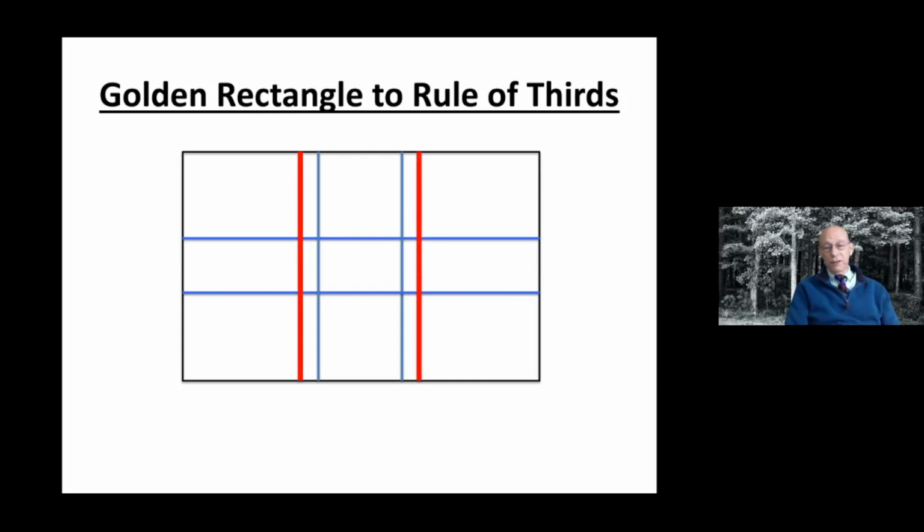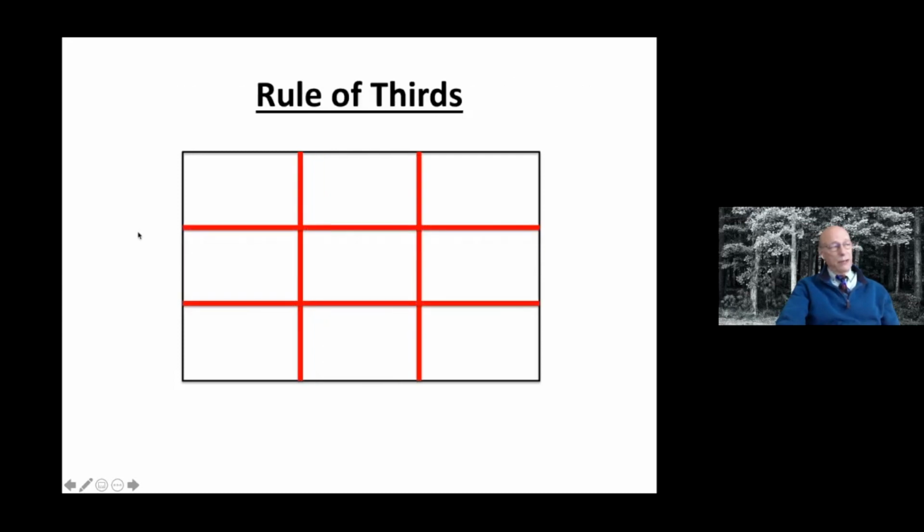Take the two vertical lines, move them out a little bit so that these are now equidistant. Do the same thing down here so that these are the same size. And what you have is the golden rectangle here, and you have the rule of thirds.